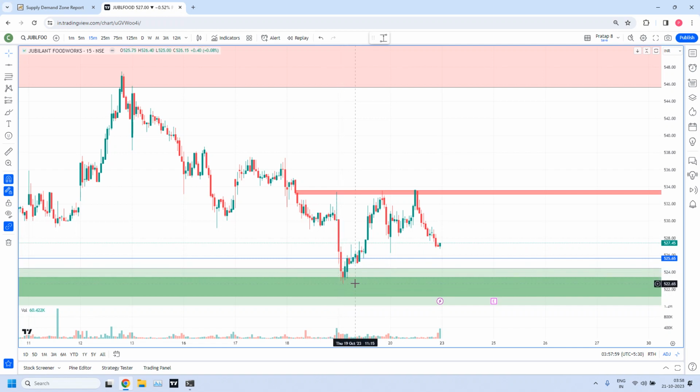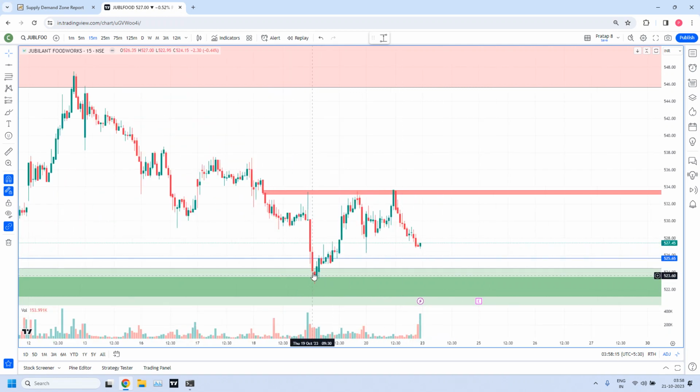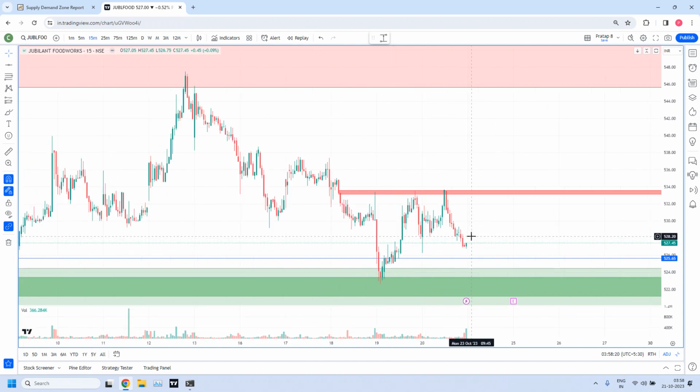That means by the time it is entering this demand zone, the majority of the strong supply order flow might have been consumed by the orders inside this entry buffer area. So by the time the price reaches this 15 minutes demand zone, definitely the supply would have been weakened.